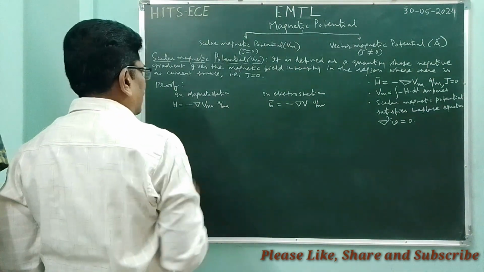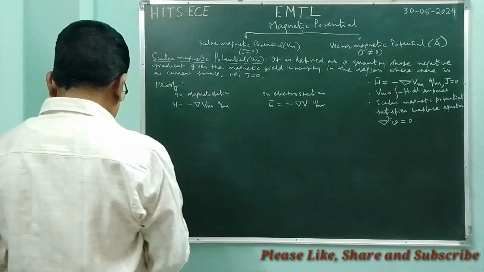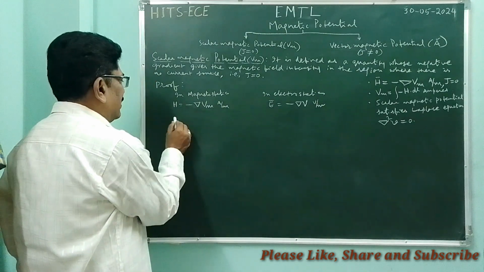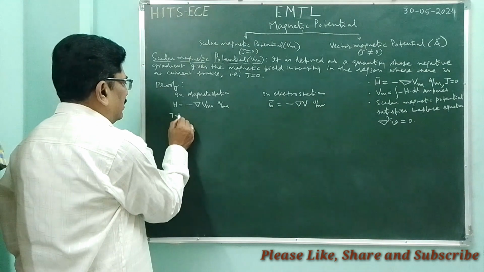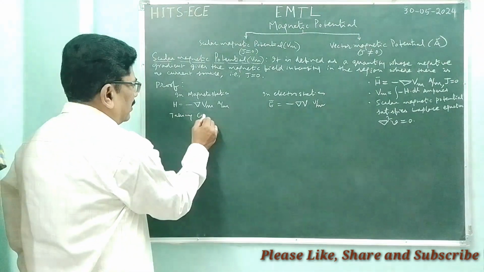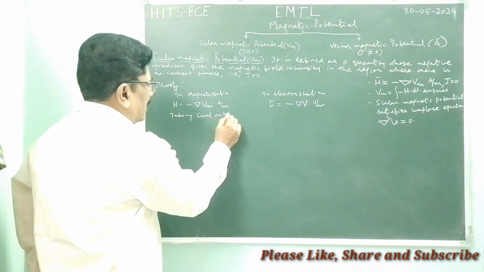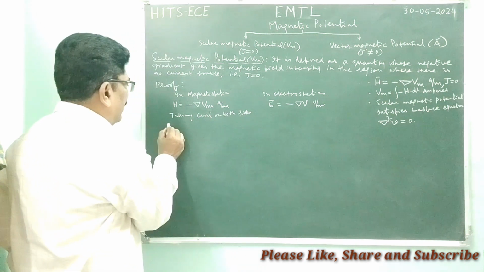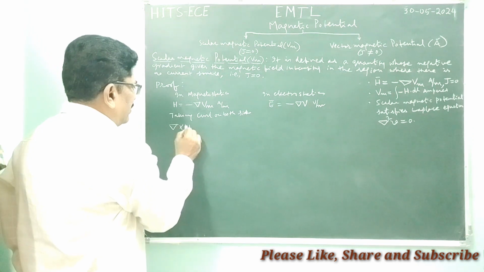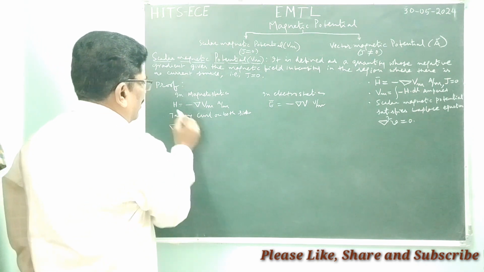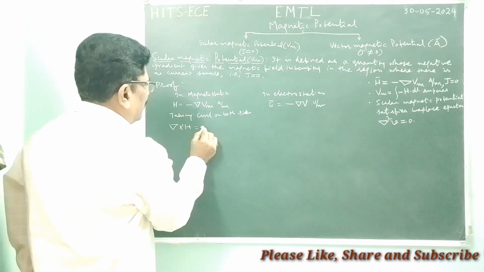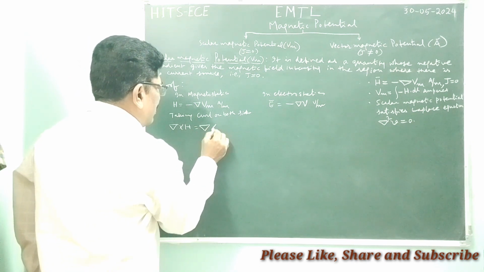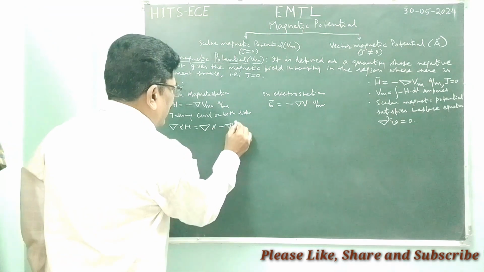Let us consider this equation now. Taking curl on both sides, we will get del cross H is equal to, I will take minus outside, minus del cross del Vm.